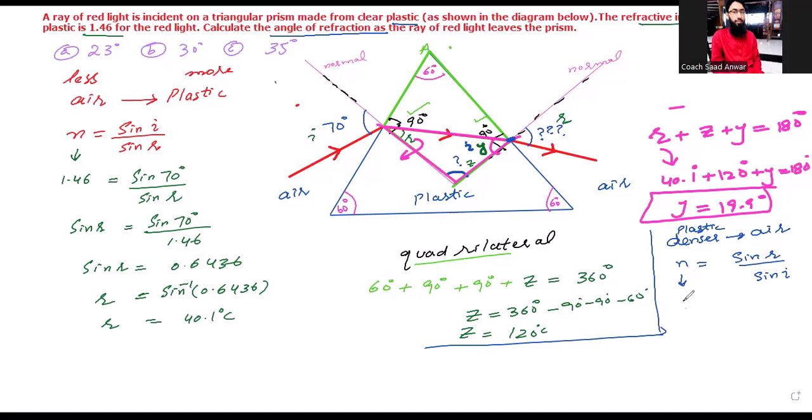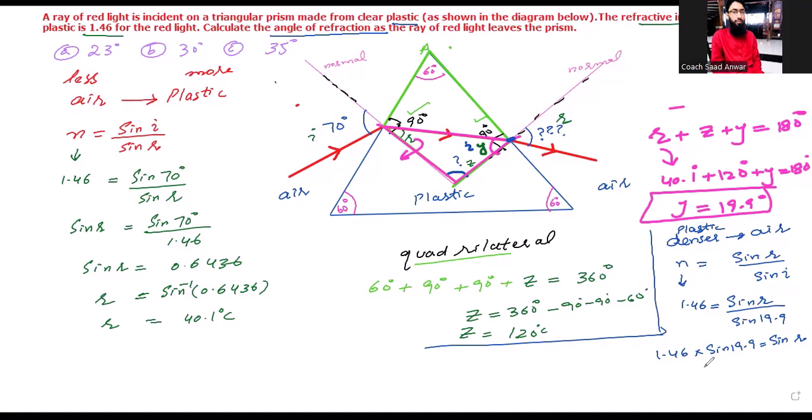And the refractive index is 1.46. r, sorry, r is the angle of refraction, which we have to find, and i here is 19.9. So 1.46 times sine 19.9 equals sine r.